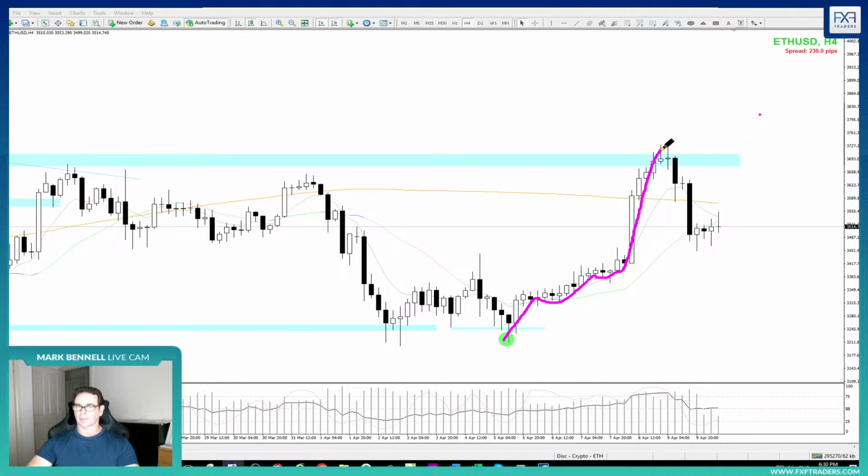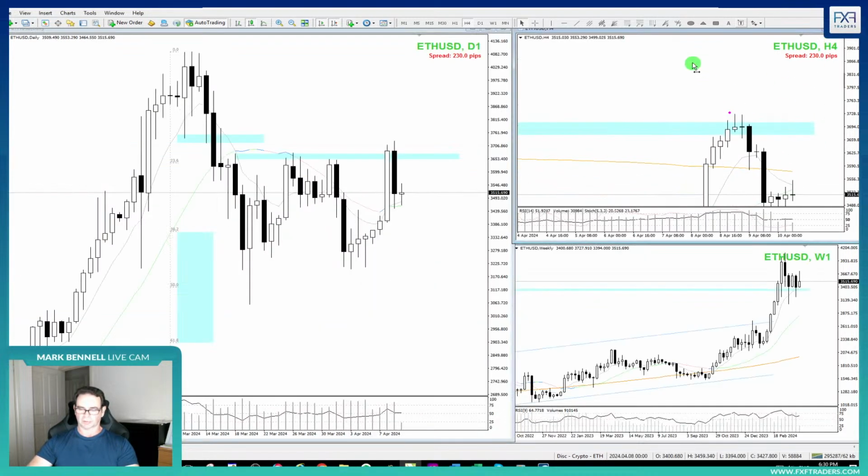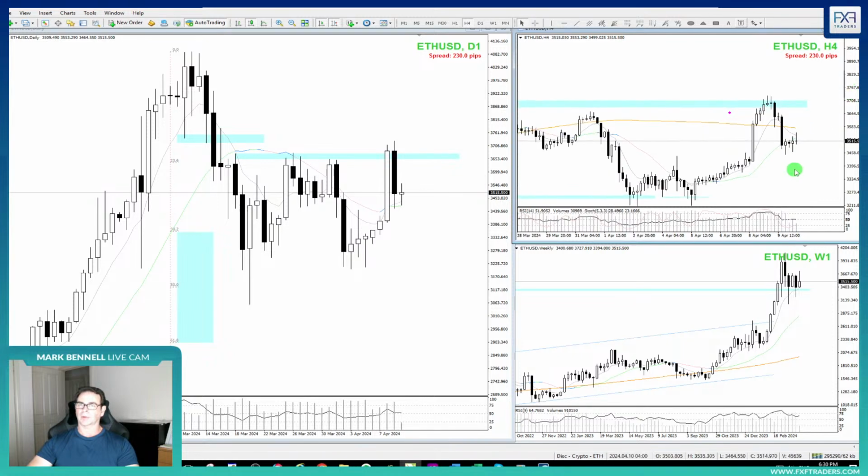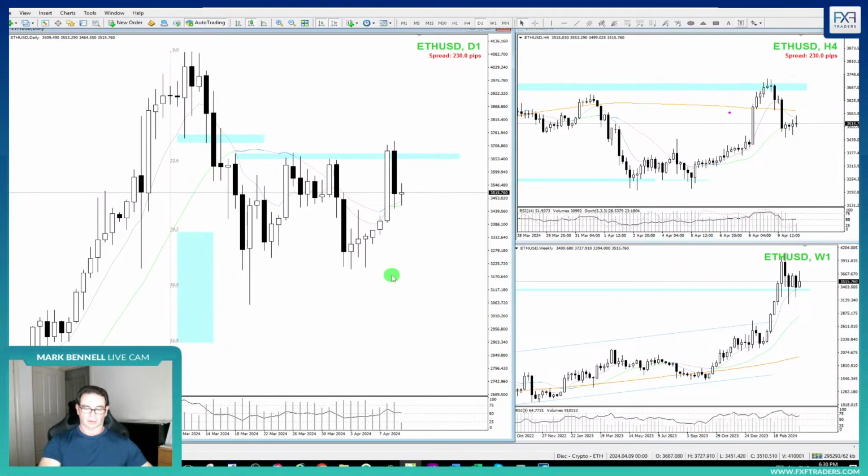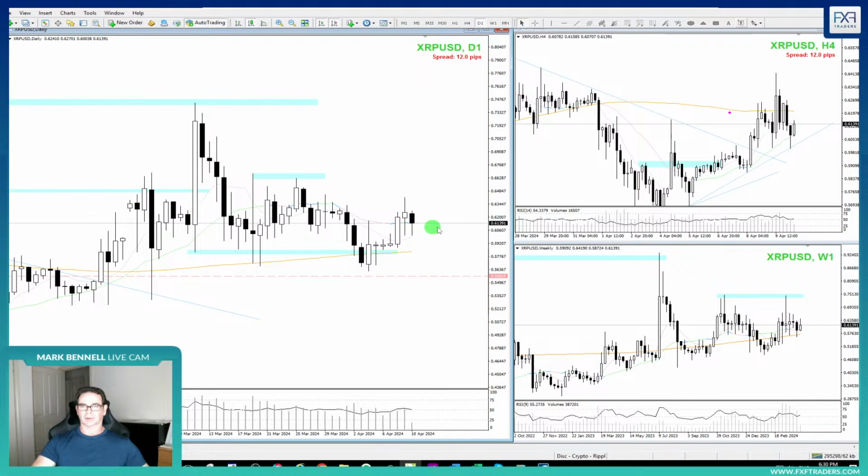So, big move. I've got to see that cradle sort of through there. Give me something like that. Very similar to Bitcoin, I suppose. Ripple. Look, it's trying. Just a little bit of a chop fest in here around the 200. So let's wait and see if it can get above.